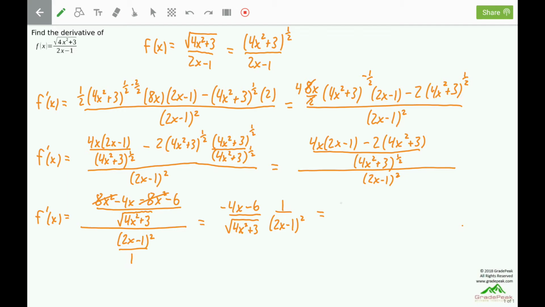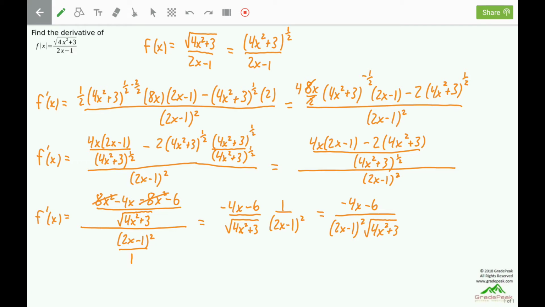Now if we multiply that numerator times 1, it will stay itself. And then the denominator, we multiply those. I will write the 2x minus 1 quantity squared first, and then the square root of 4x squared plus 3.